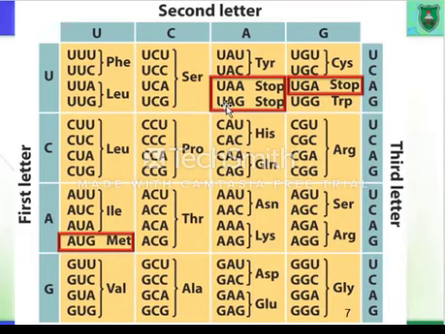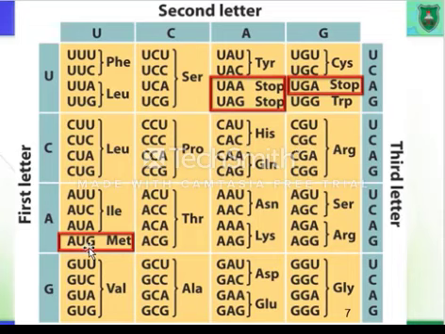But not all of these codons specify an amino acid. Most of them specify amino acids, as you can see here in this table. But some of them specify a stop codon, which is not for a specific amino acid. It is just a stop codon that tells the translation machine to stop and terminate the synthesis of the protein.